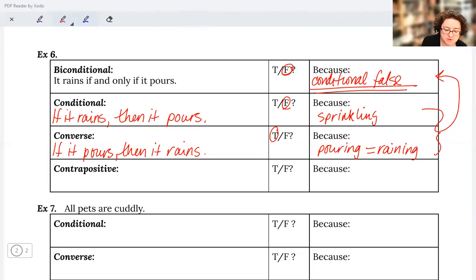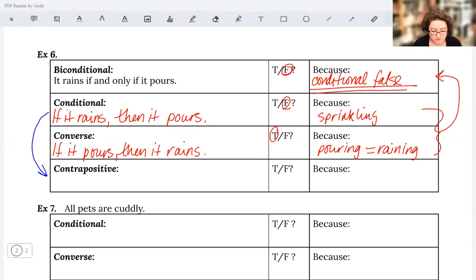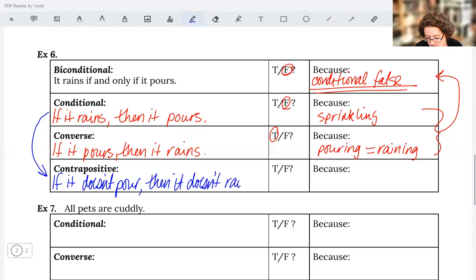Again, I'm going to change colors. So contrapositive, when we're writing the contrapositive, what statement should we always go back to? Always the original conditional. So we're going to take that conditional and use that to write our contrapositive. Switch and flip. So if it doesn't pour, then it doesn't rain.